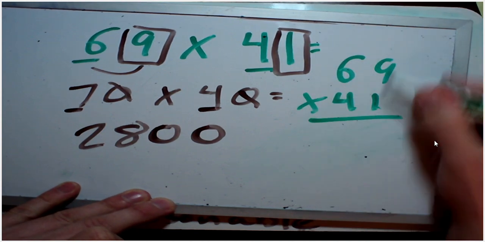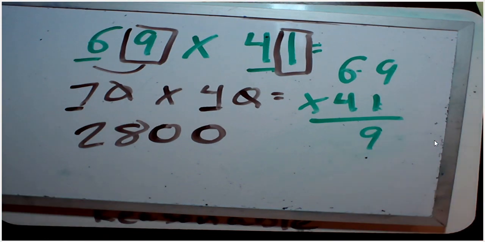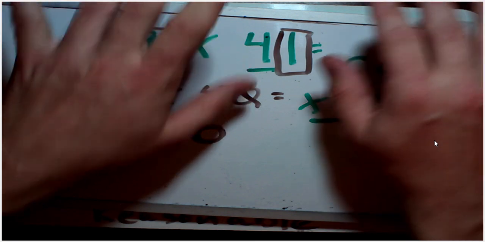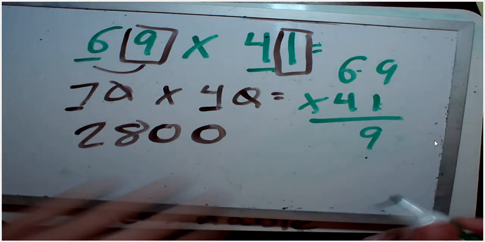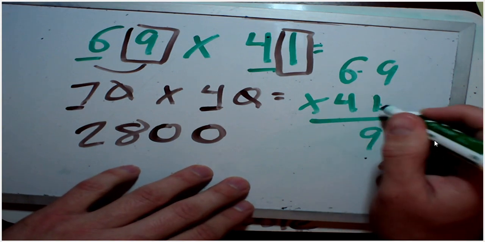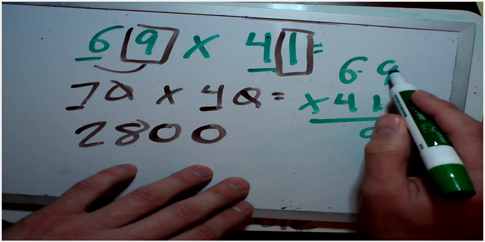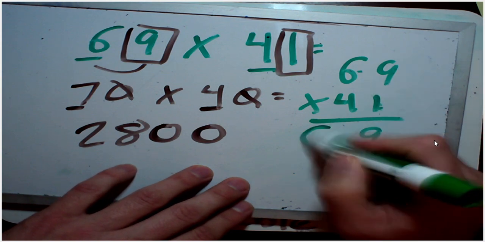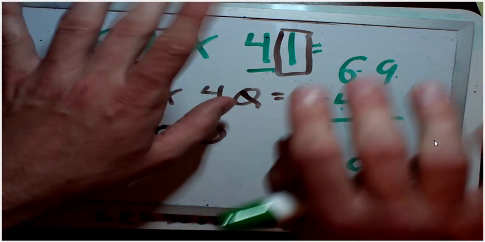One times 9 is 9. 9 times 6 is, remember the 9 strategy I showed you? 1, 2, 3, 4, 5, 6, 54. One times 9 is 9. 1 times 6 is 6. 4 times 9, 1, 2, 3, 4, 36.